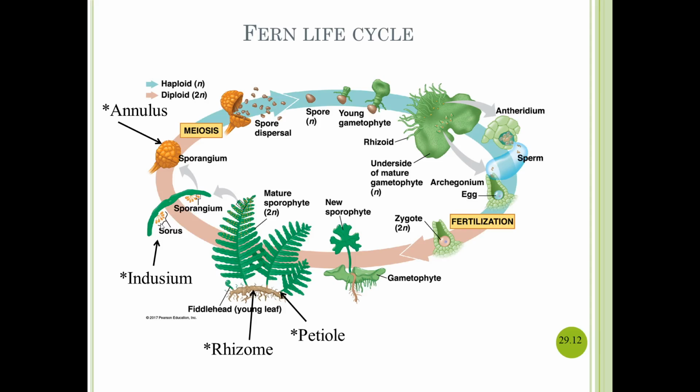The indusium is a covering over the individual sori. And that's going to protect and care for the sori as they mature. So the indusium, this umbrella-like cover right here, will basically dwindle down and fall off when the spores are close to being mature and ready to be released.